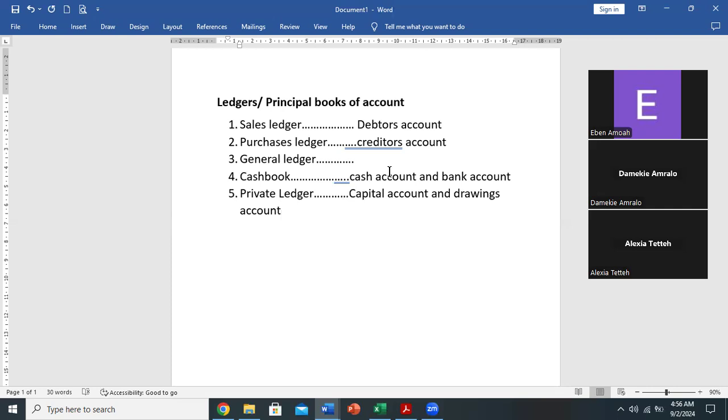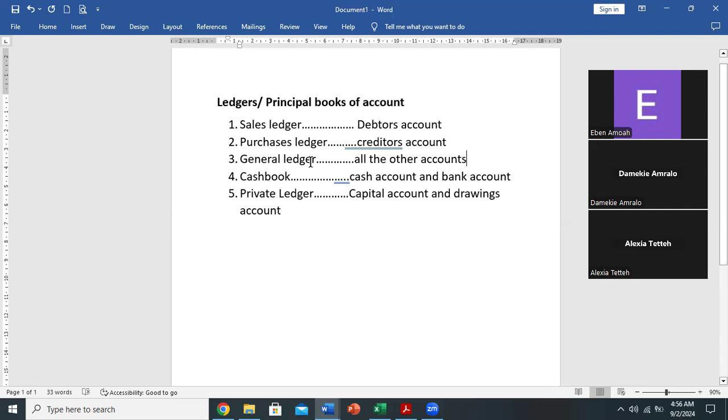The general ledger, the mother of all ledgers, will keep all the other accounts. Okay, so if you remove debtors, creditors, cash account, bank account, capital account, and drawings, all the other accounts you know in financial accounting, you see them in this book called the general ledger, like rent.